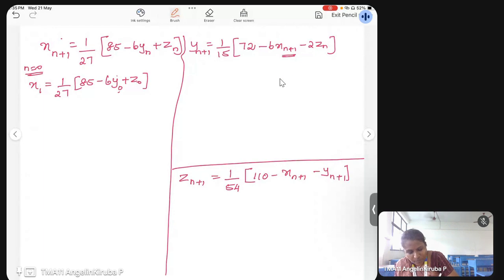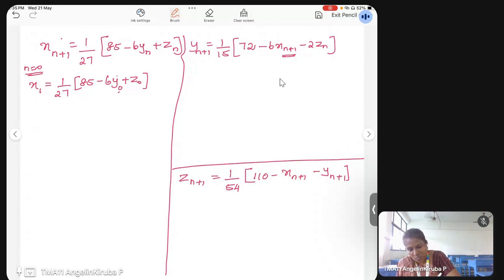So y1 is 1 by 15 into 72 minus 6 times of x1 and 2 times of z0, right?